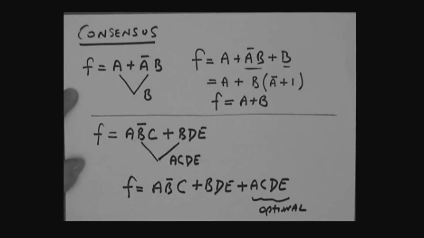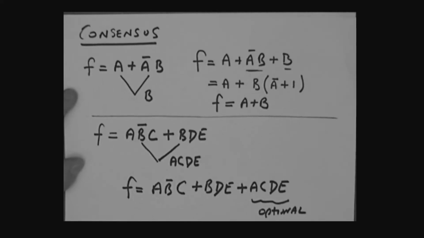Now, you may not use this. It may not help in that minimization process. If it doesn't, just leave it off. But sometimes forming an optional product can actually help in that minimization process. So let's just go ahead and look at an example using this consensus theorem.